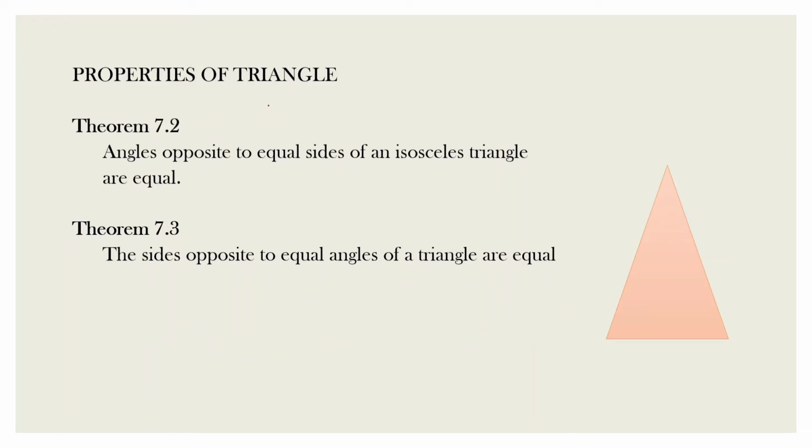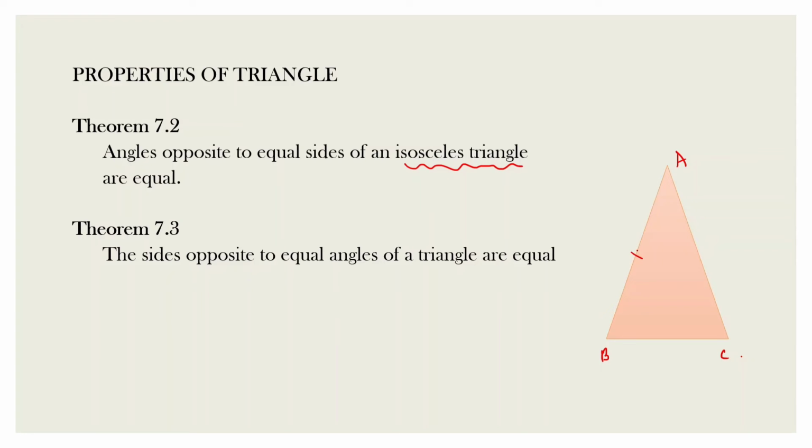Let's look at some properties of triangles. Theorem 7.2 states that angles opposite to equal sides of an isosceles triangle are equal. Let's take an isosceles triangle ABC. What is an isosceles triangle?